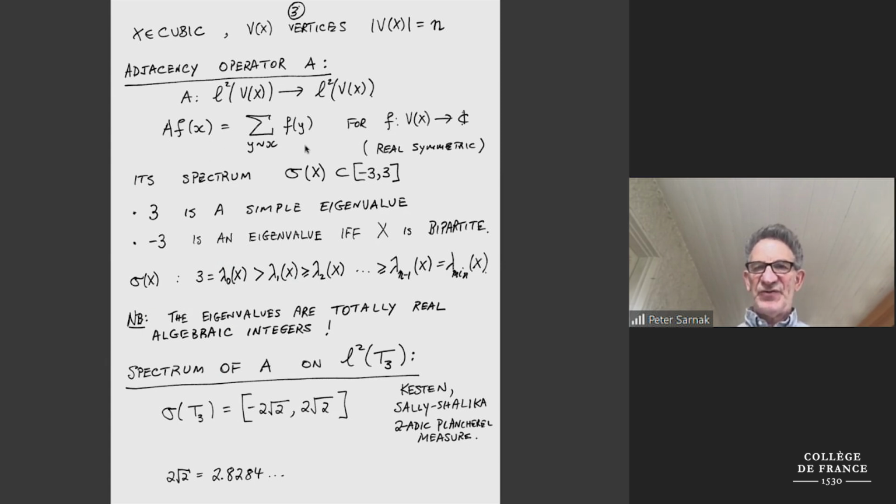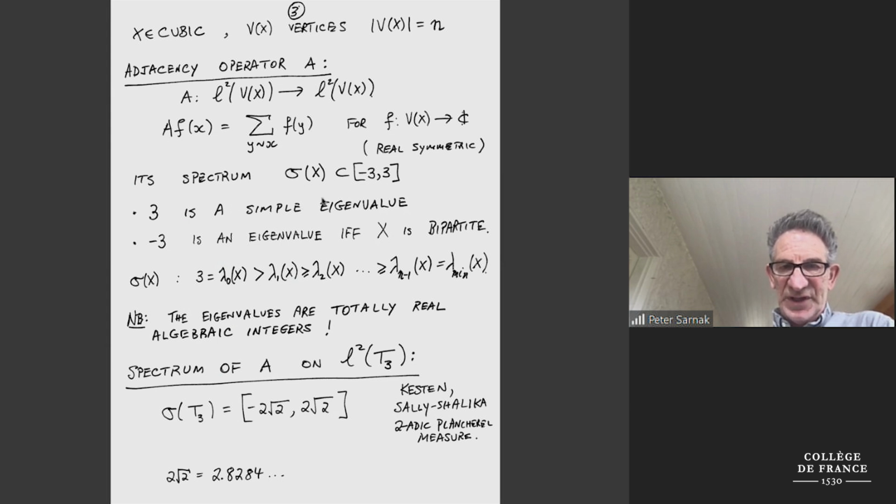And that takes me from functions on the vertices to functions on the vertices, and it's a linear operator. And it's symmetric in the obvious basis that you choose, with delta masses at the vertices. So we have a symmetric matrix, finite dimensional, n dimensional. So it's got n eigenvalues, and the spectrum is real. I'll leave it as an easy exercise to show that the spectrum lies between -3 and 3.